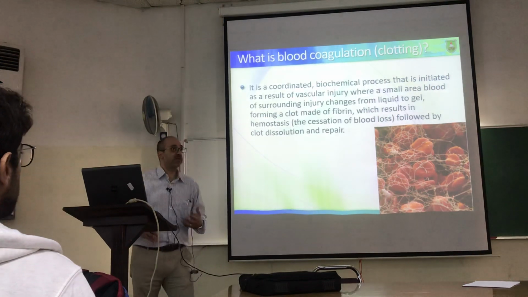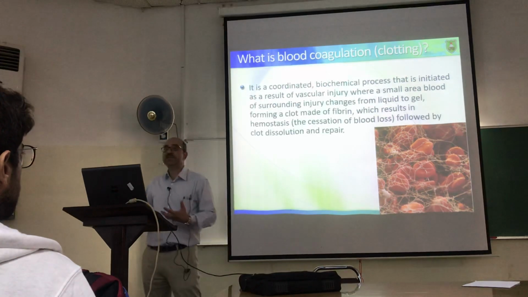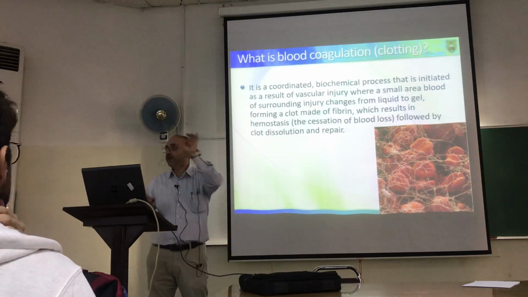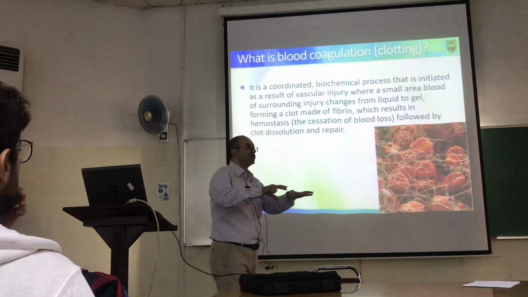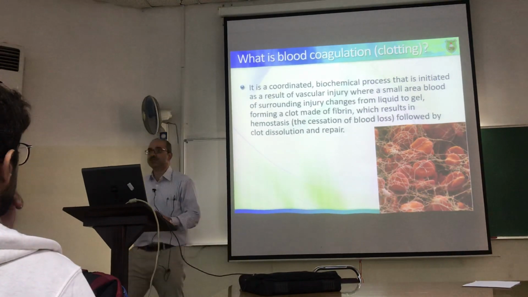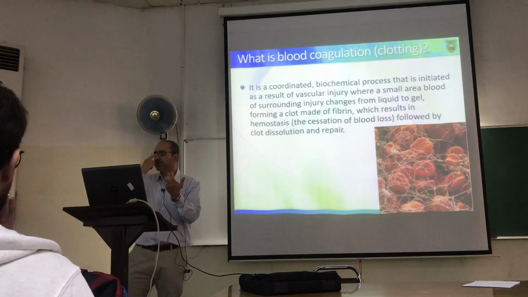So it's really a biochemical process by all means. It is initiated as a result of injury. Once it is initiated, in a small area in blood surrounding the injury, you have the formation of a clot.